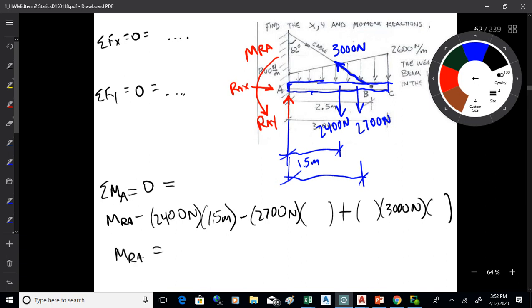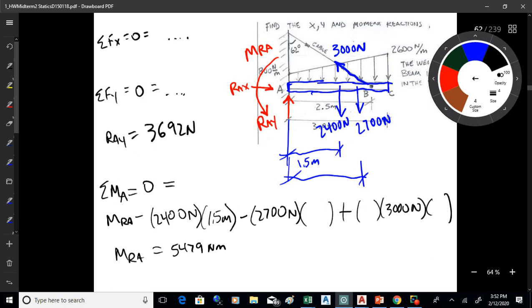Okay. And that should be 5,479 newton meters when you run the numbers. Okay, RAY ought to be 3692 newtons.